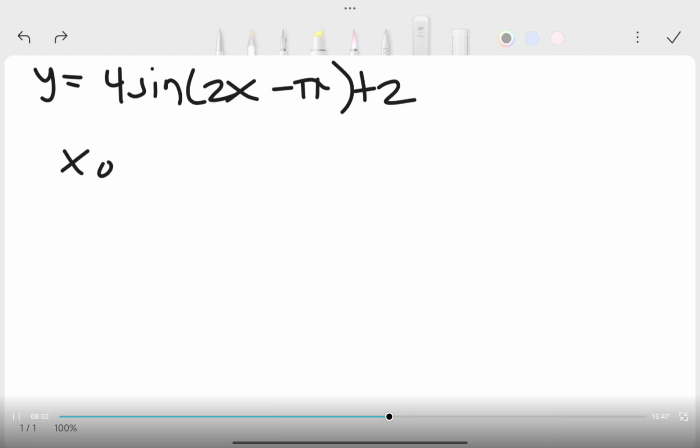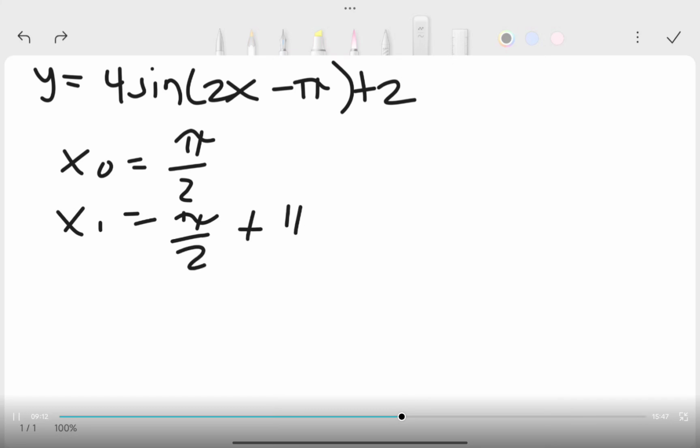So the start of our midline is pi over 2. This is where the x scale begins. So our x sub 1 is pi over 2 plus pi over 4, which is equal to, oh, this is actually 2 pi over 4 rather.